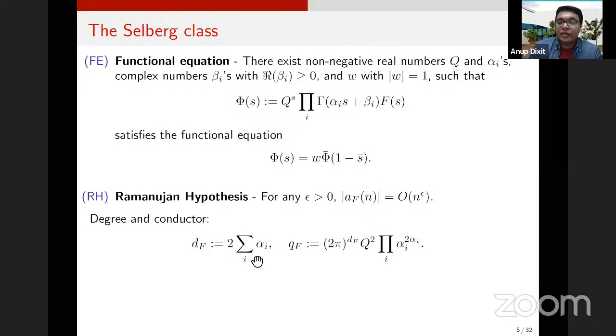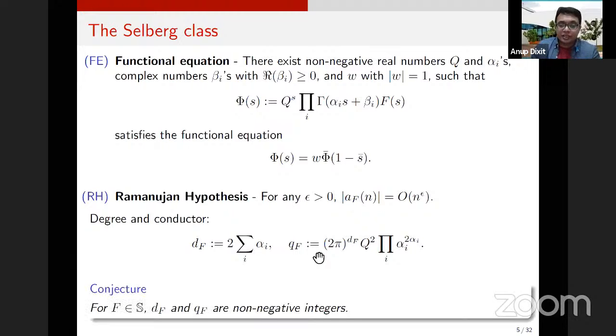The degree is defined as twice the sum of all these alpha i's, and the conductor is defined as in the following. And it's a quite folklore and important conjecture which says that this degree and the conductor are always non-negative integers. We will come back and hit this point in the course of this talk.